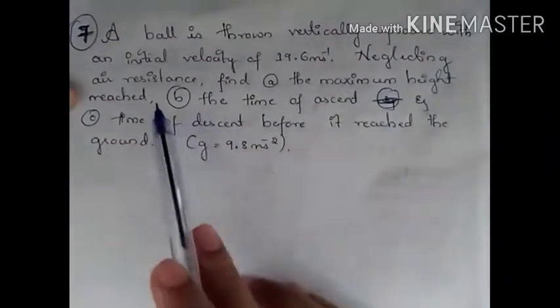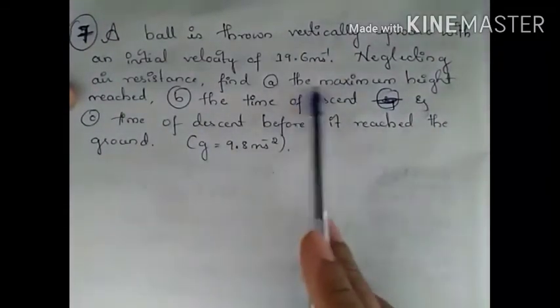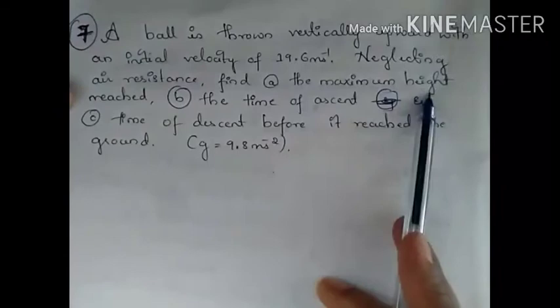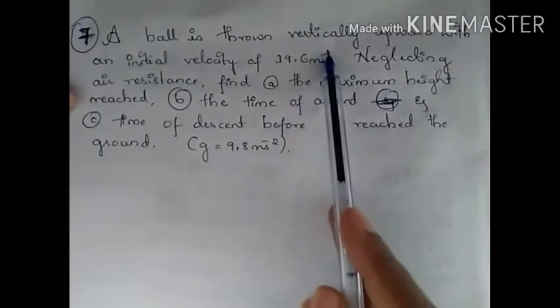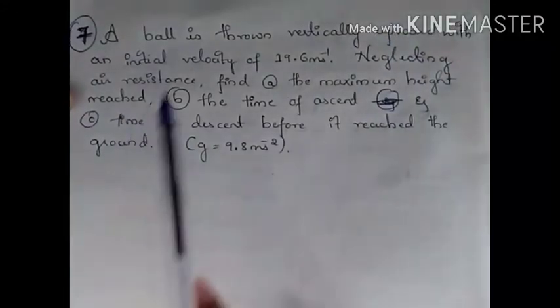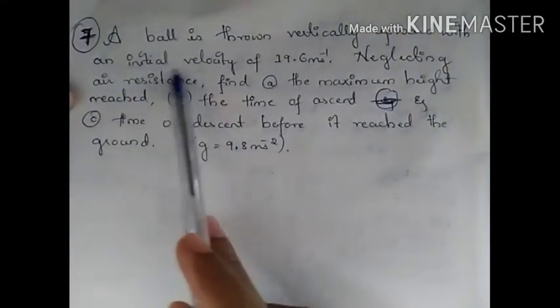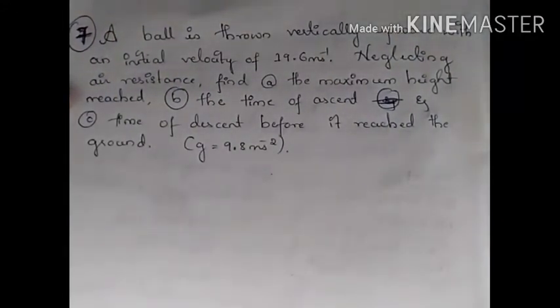First we have to calculate the maximum height reached by the ball when it is thrown vertically upward.